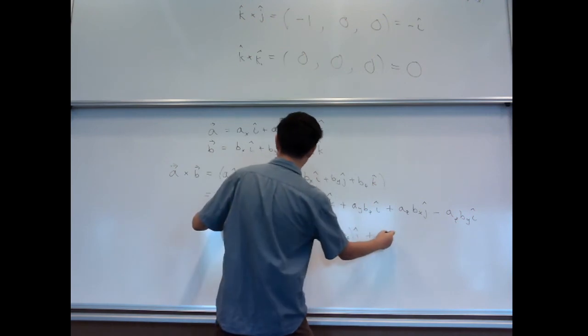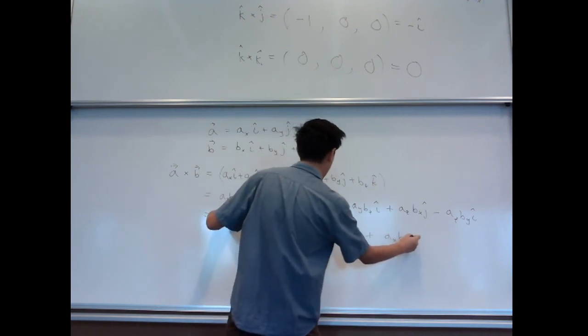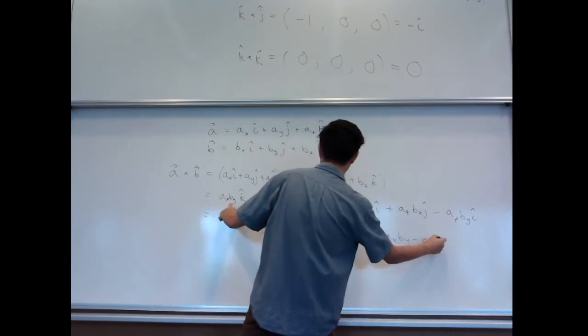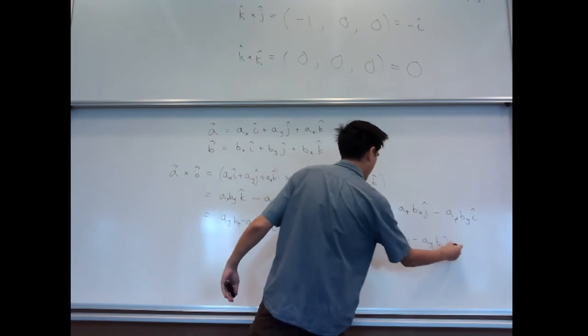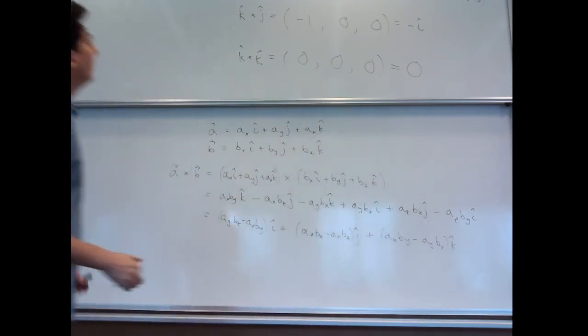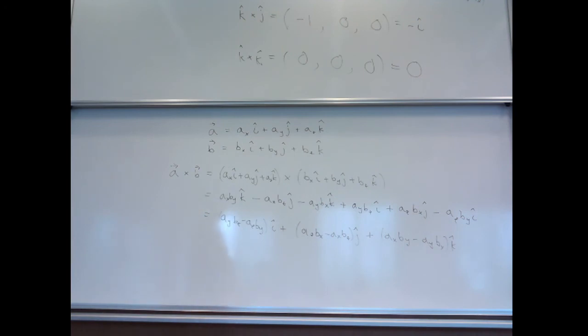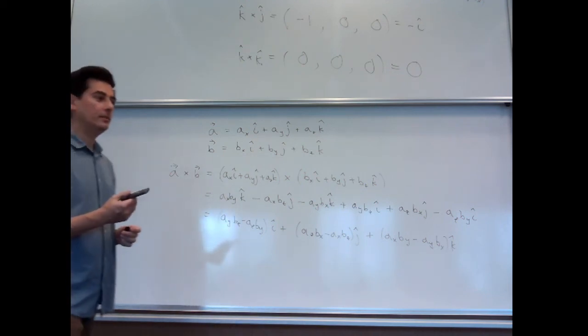The ks are Ax By minus Ay Bx. And just check that it gives the same thing. So Ax By, Ay Bx, yes. Az Bx, Ax Bz, yes. Ay Bz, Az By. So it gives the same result.